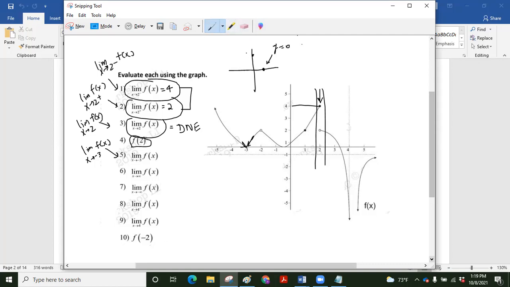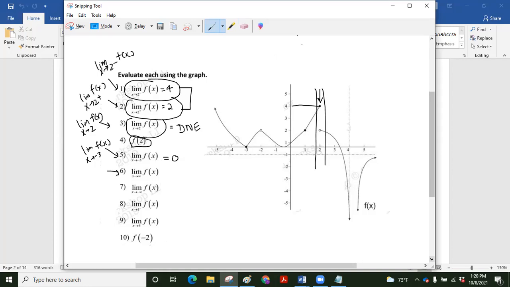So if we're asked what the y value is approaching here, the y value is 0 from both sides, because if we approach from this side and from this side, the y value there is 0. So we're going to say that the limit as x approaches -3 from both the left and the right is equal to 0. We said that because it didn't tell us whether to look from the left or from the right, which means it's implying that we should look from both.